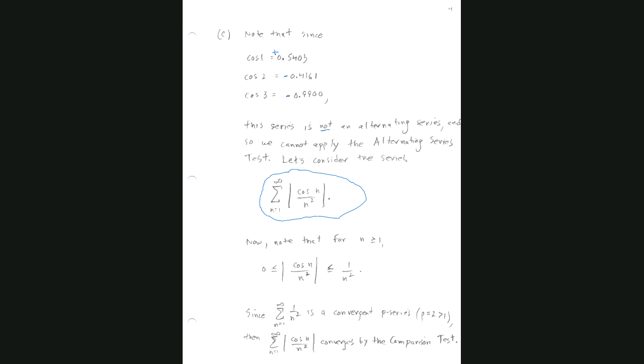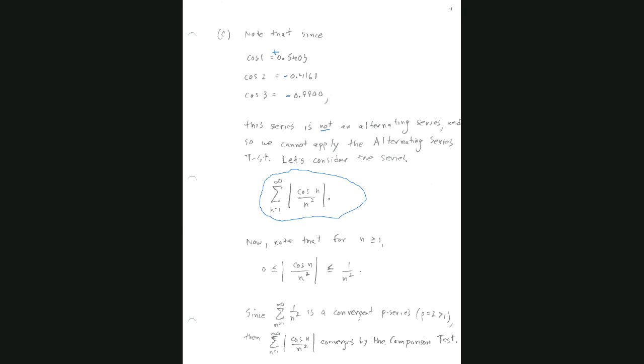And well, we know that the absolute value of the cosine of n over n squared would always be bounded by 1 over n squared. The reason being is that the cosine of n is always between 1 and negative 1. So the absolute value of the cosine can never be more than 1.